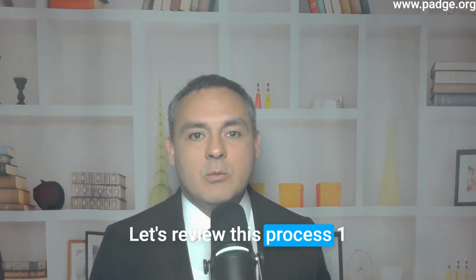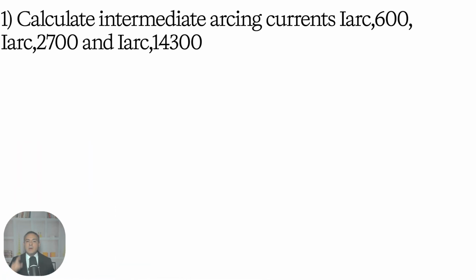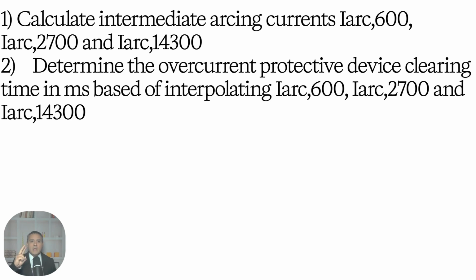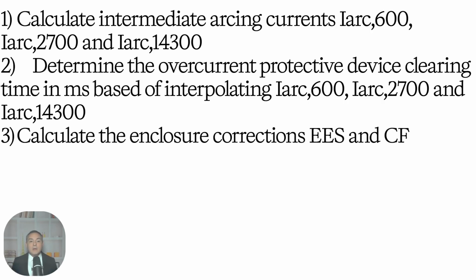Let's review this process one more time for medium voltage. Number 1, calculate intermediate arcing currents, IARC 600, IARC 2700, and IARC 14,300. Number 2, determine the overcurrent protective device clearing time in milliseconds based off interpolating IARC 600, IARC 2700, and IARC 14,300. Number 3, calculate the enclosure corrections EES and CF.